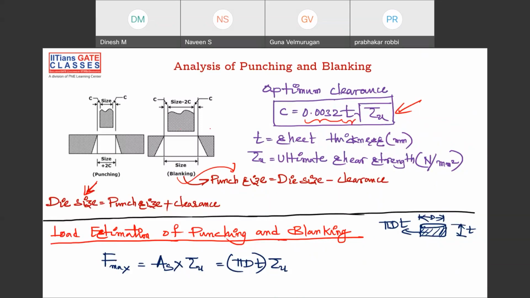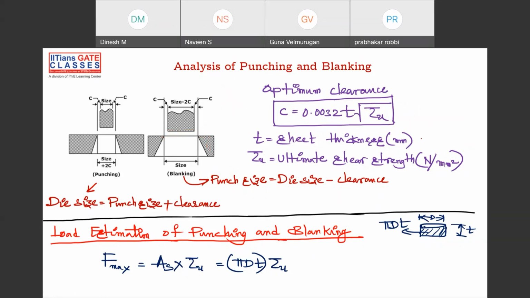What is thickness of sheet? The sheet thickness that you're trying to put here in between the punch and die. And tau is nothing but the ultimate shear strength, because everything is happening because of shear only, because you're trying to apply a force parallel to the face that is going to shear. Like if you want to apply a force like this, this is shear, this is the face on which you're trying to apply, and this is shearing operation, right?